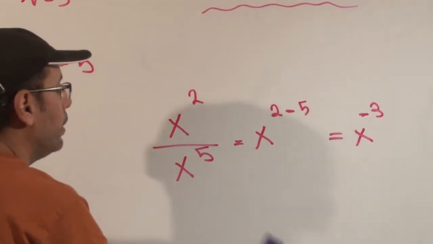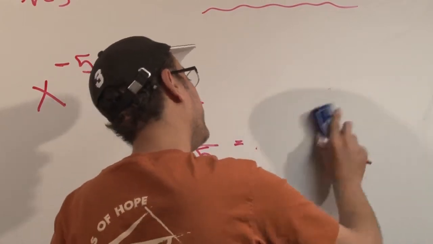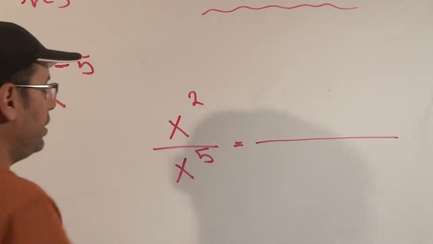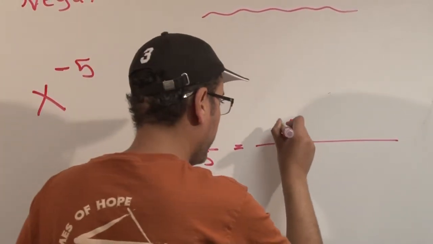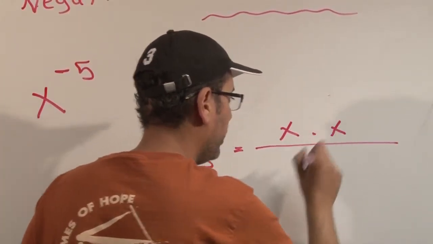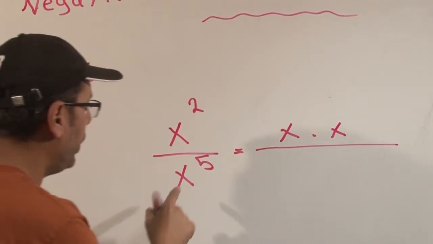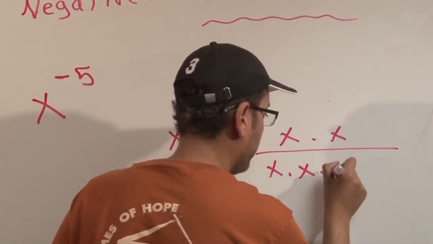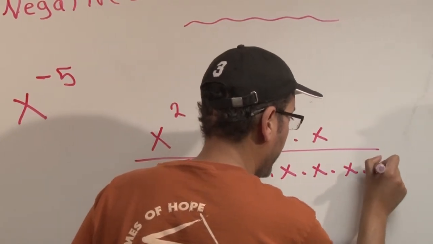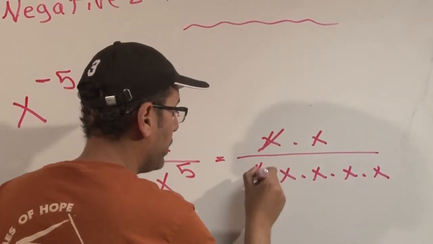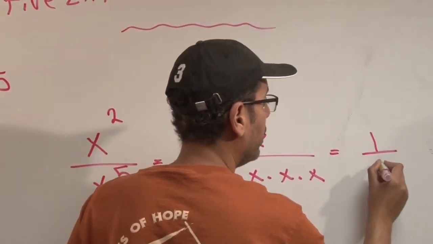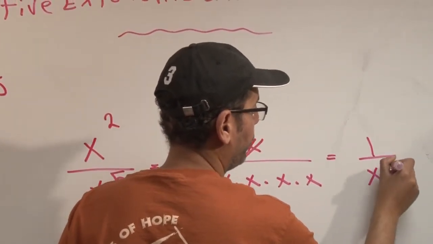Okay, let me work on that in another way. I could analyze that one. This is x times x divided by x power of 5, x times x times x times x times x. x with x is cancelled out, x with x is cancelled out, equals 1 over x power of 3.